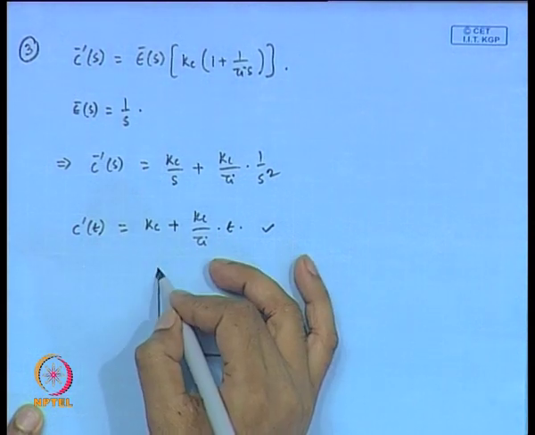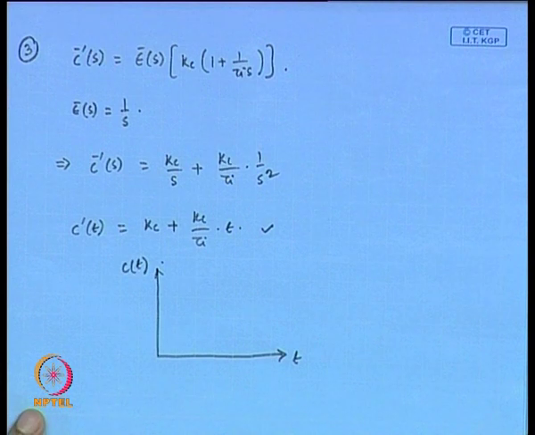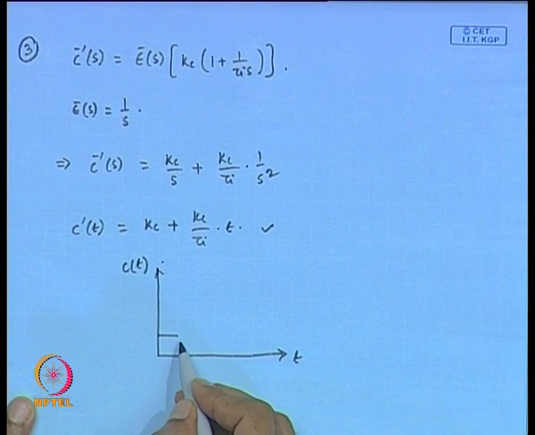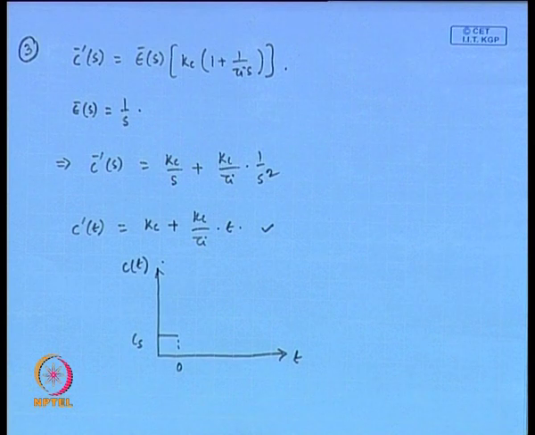This is time t, this is C t. Now, at time t equals 0, the controller has the value of Cs, and we are introducing a unit step change at time t equals 0.